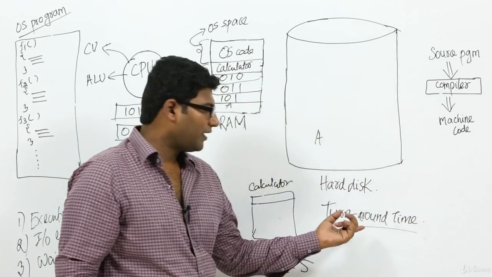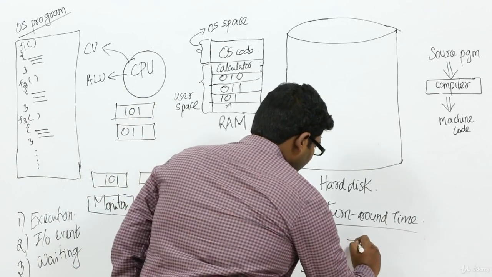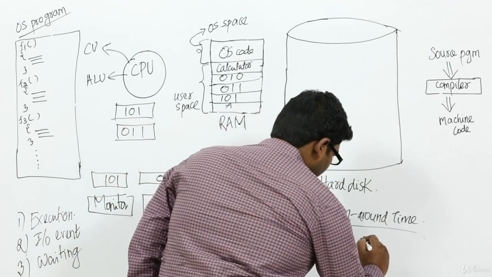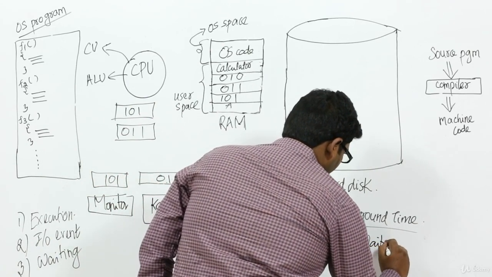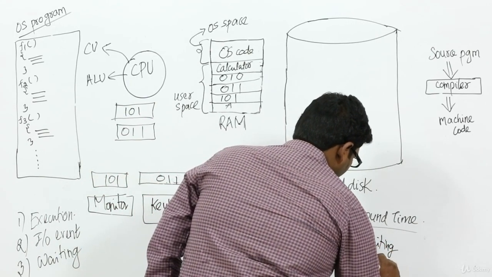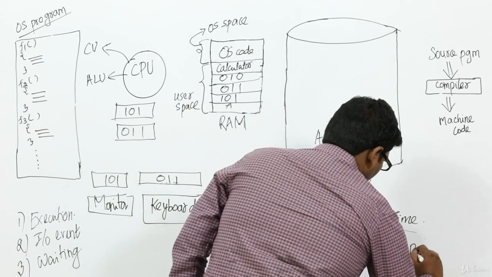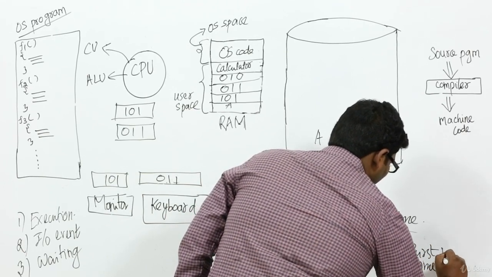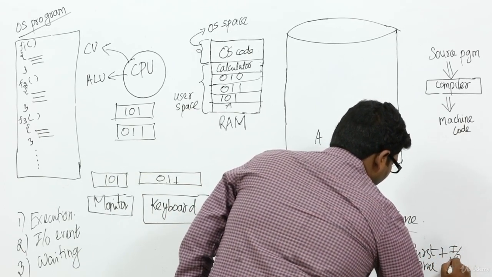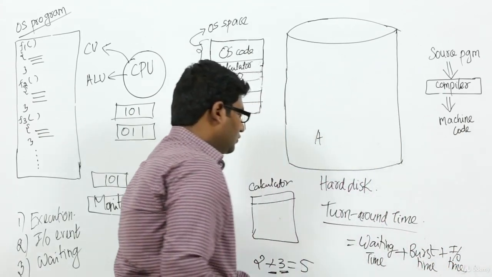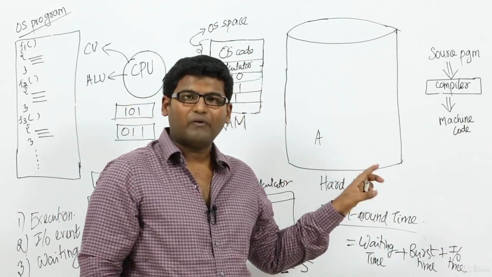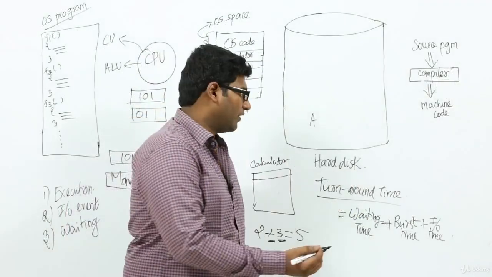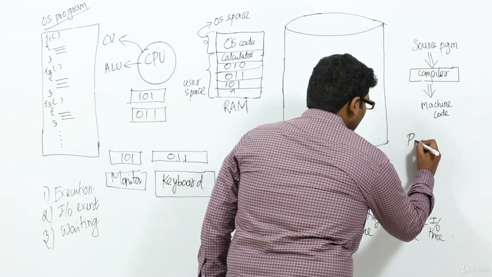Okay, turnaround time equal to, first let me write the formula and then I will explain it. Turnaround time equal to waiting time plus burst time plus IO time. Okay, so every program at some point in time will be loaded into the RAM. Let us assume that there is a program named as P1.